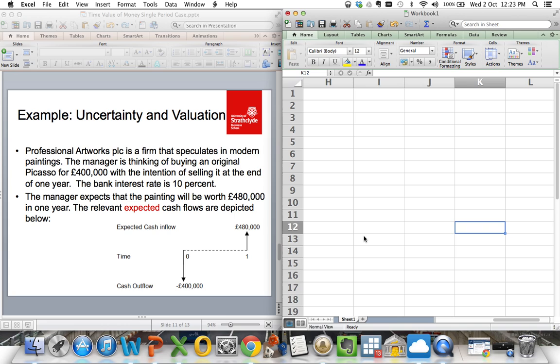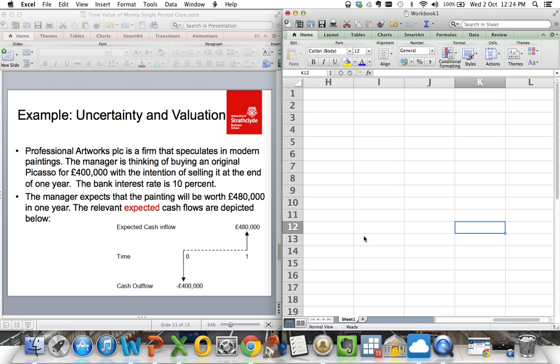So what you've got here is you're now thinking of buying modern paintings, and there's a Picasso that the manager wishes to purchase for 400,000, and then they're going to sell it after 1 year. Now the interest rate is 10%. Now you don't know how much this painting is going to be worth in 1 year, so you expect it to be worth 480,000, but you're not certain.